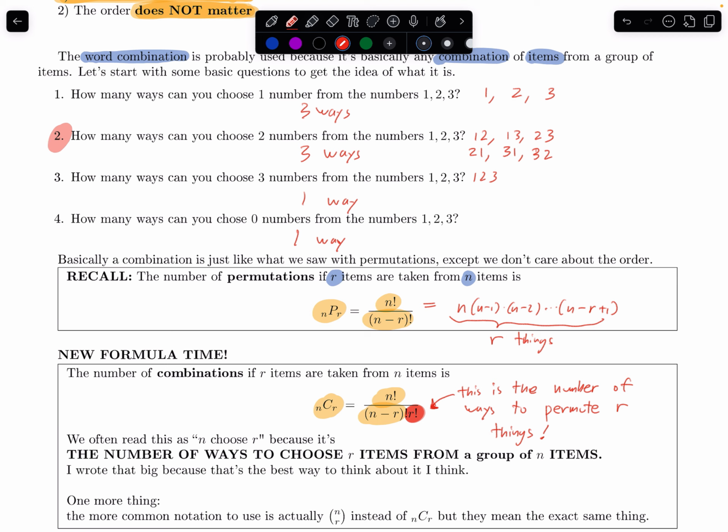In the case of combinations, I want to divide by how many ways I could rearrange those choices I've chosen, the 1 and the 2, because I'm going to count those all as just 1. So dividing by the r factorial essentially reduces this count to get rid of the number of ways to rearrange that smaller group. So now I'm counting that as 3 different ways, like I should with the combination, right?